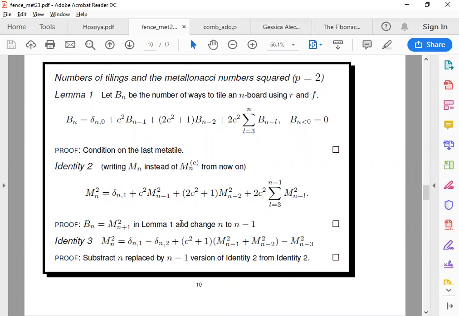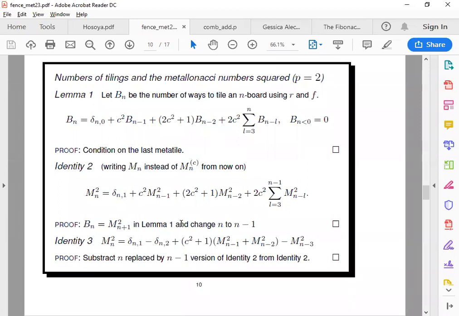So from the fact that Bn counts the meta numbers squared, this immediately gives us this identity here for meta numbers. And if we take this and subtract the version with n changed to n minus 1, then we get this version here without the sum.